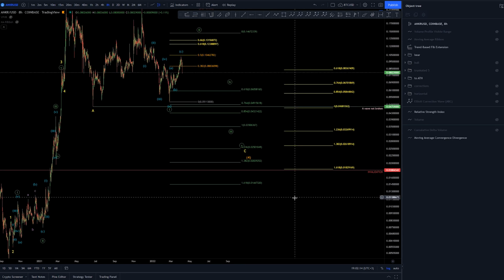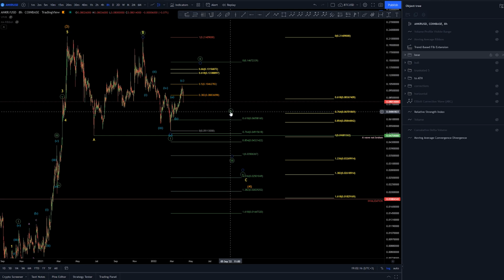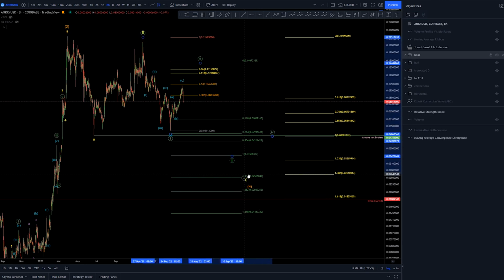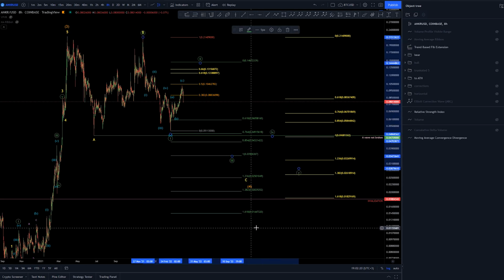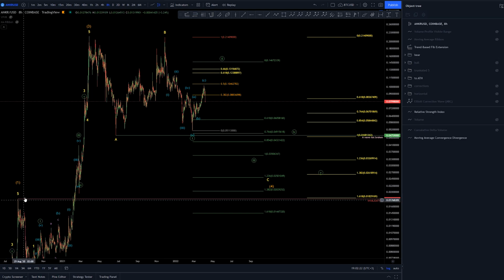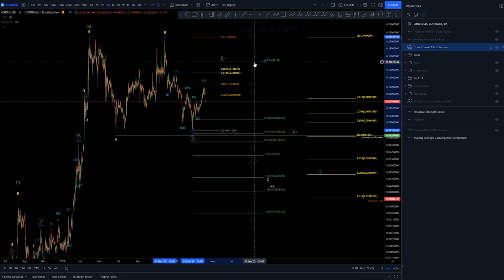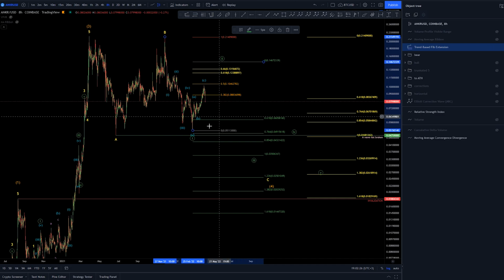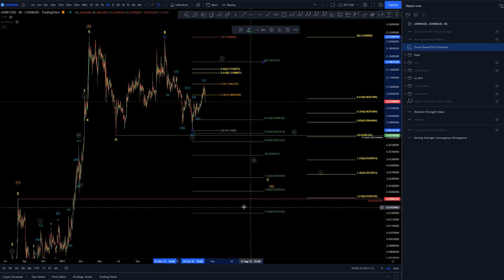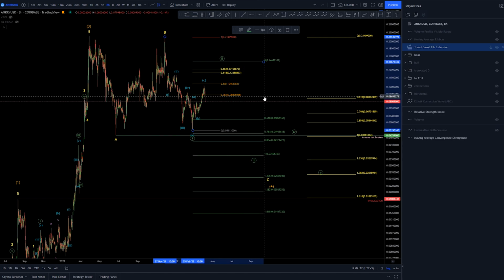Again, this does not look like a good impulse wave structure, as the invalidation already is here, and even if we climb up all the way here, the 1.618, that is the regular target for this 5-wave impulse, would be already down here, invalidating this whole count.